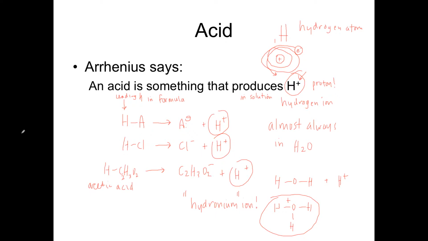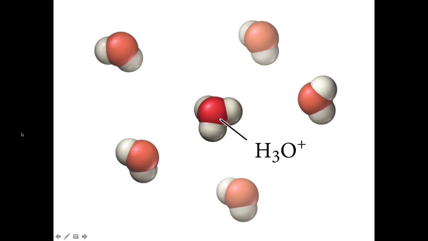So I think this next slide is a picture of that. Suppose that we've got a bunch of water molecules, and you have an H+ that is produced by an acid. So HA produces that, and also the conjugate base, A minus. But this is the part we're concerned about right now. This is an Arrhenius acid.